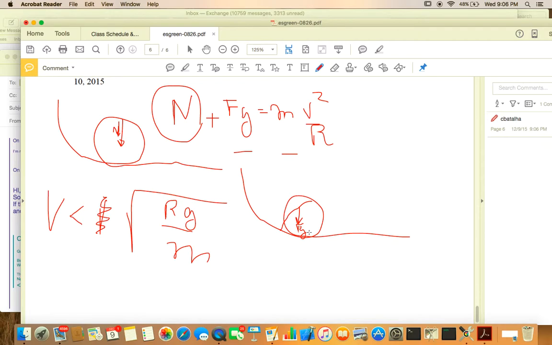Now, the problem mentioned that the wheels are attached to the track. So what does it mean? So here are the wheels on the top. Right? So this is the track. Of course, we have some fulcrums here. That's the track. And then you have a mechanism with a little wheel right here.